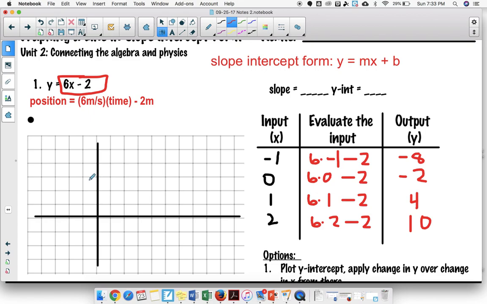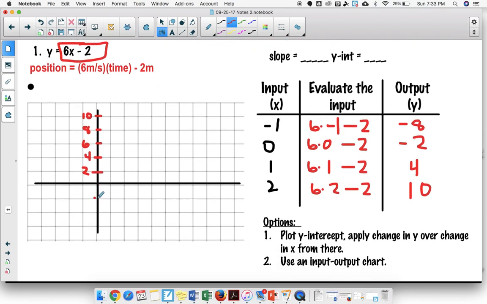All right, so to make our outputs fit, these are our y values, we're probably going to have to scale this by 2. So I'm going to put 2, 4, 6, and scale that graph accordingly. Then I'm going to do the same thing in the negative direction.